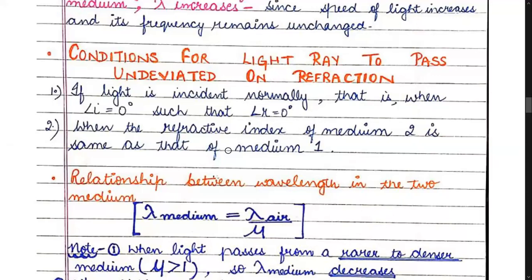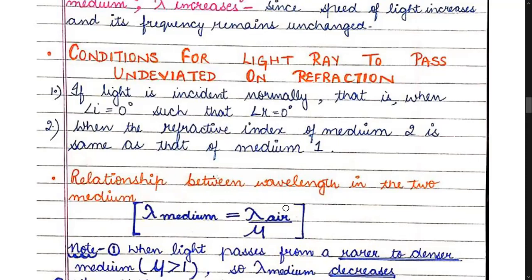First case can be when light is incident normally, that is, when the angle of incidence is 0 degree, such that the angle of refraction is also 0 degree.